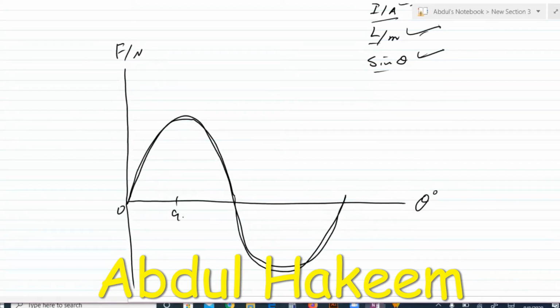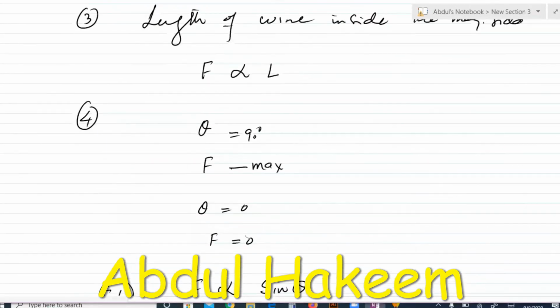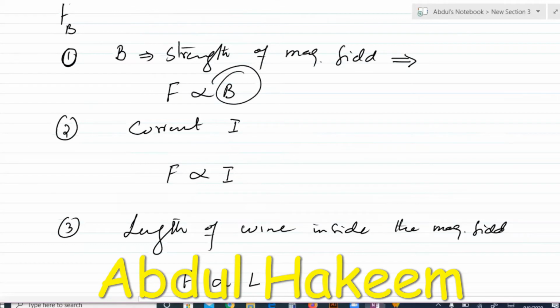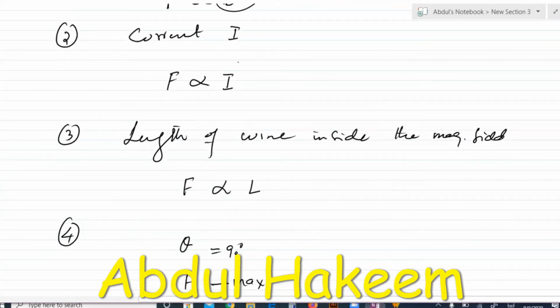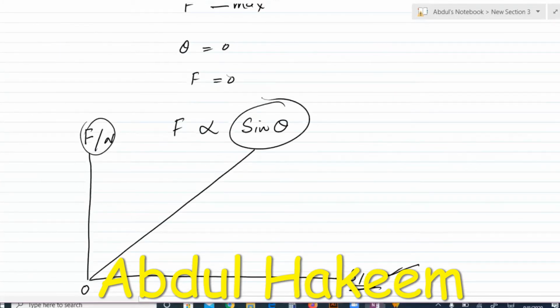Zero, 90 degrees, 180 degrees, 270 degrees, and 360. So a sine graph because it depends on sine theta. Now, four factors are affecting this. One is B, magnetic field strength, magnetic flux density. Other is the current. Next is the length, and then the angle with sine theta.